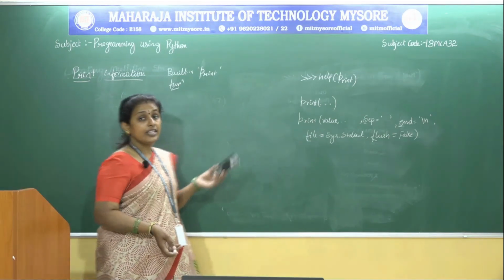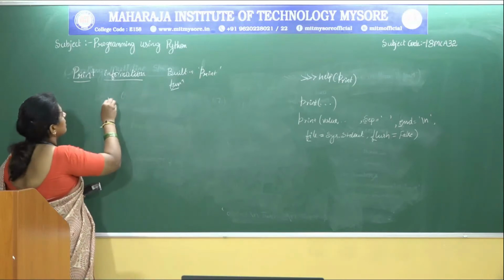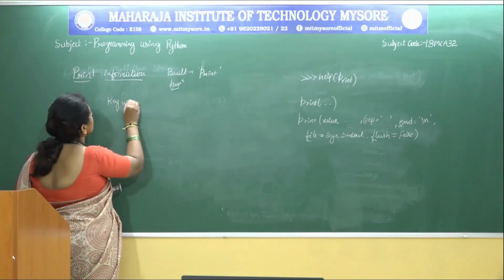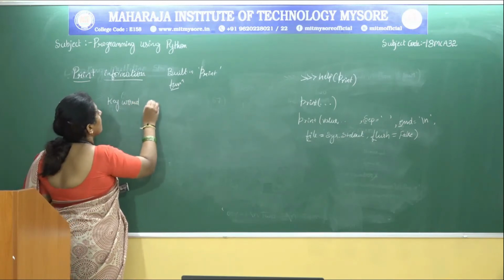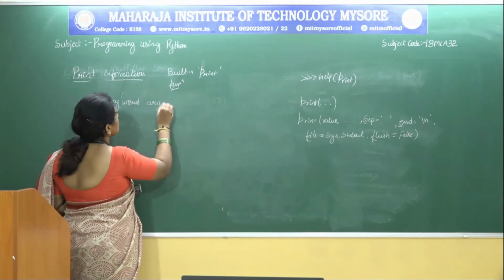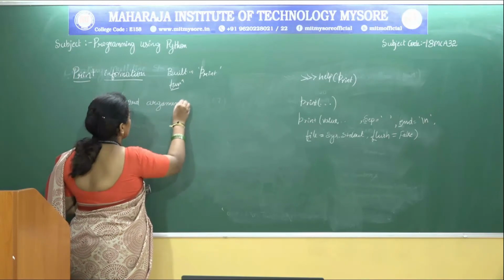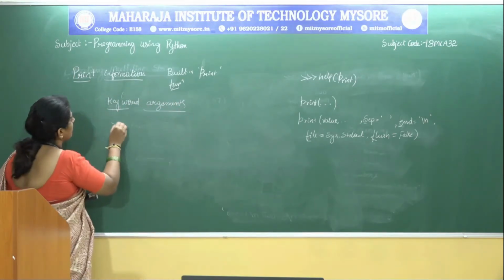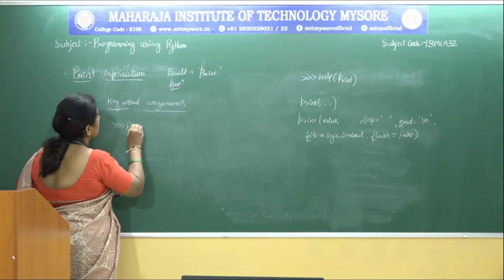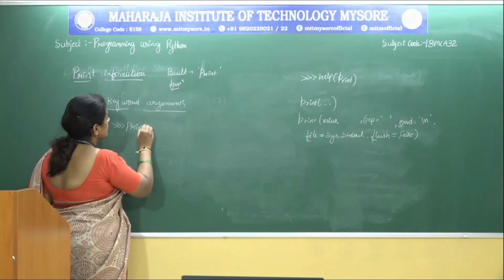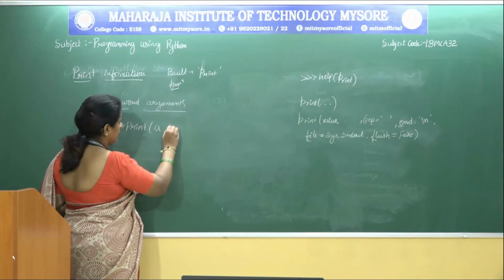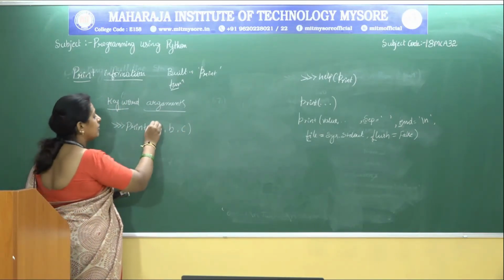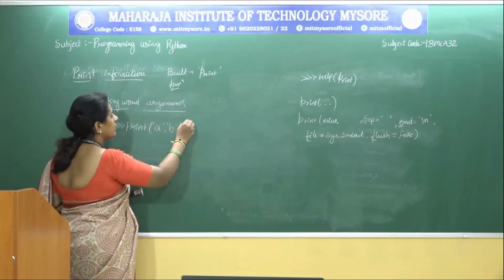Let us use keyword arguments. Print A, B, C. So this is the normal way, okay.